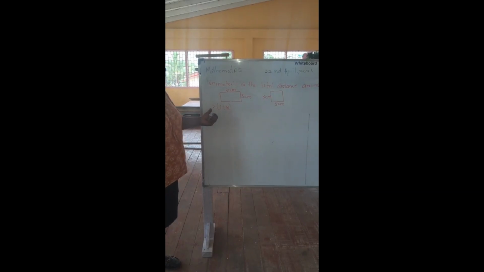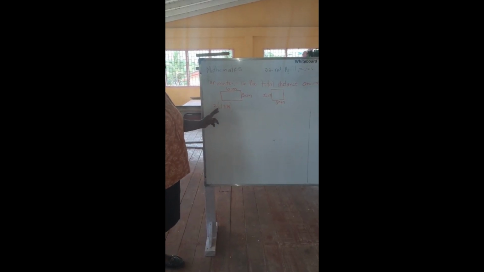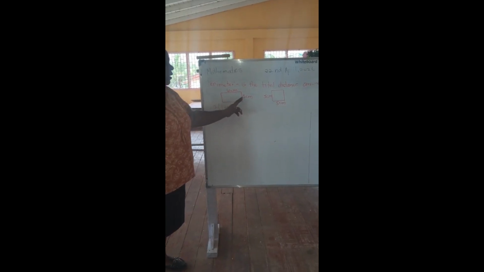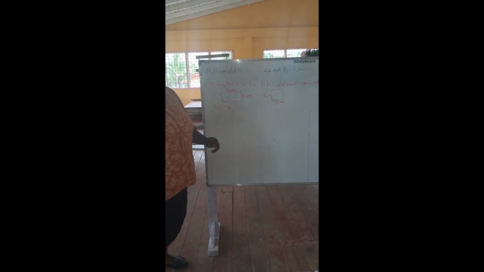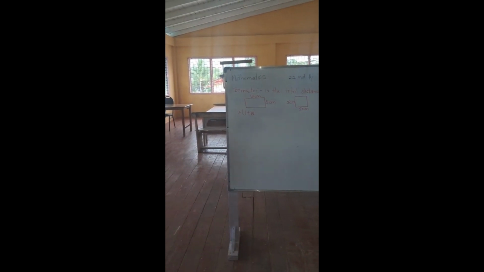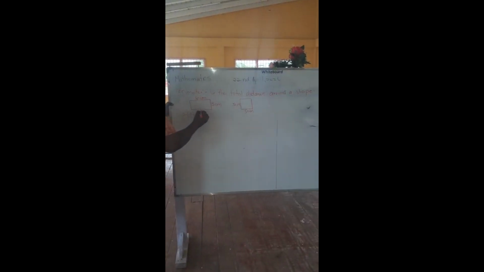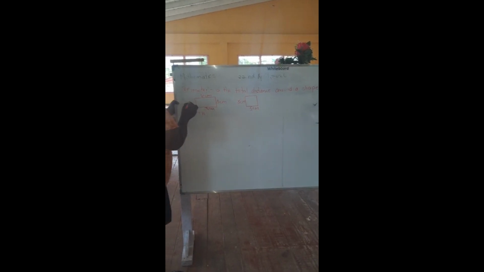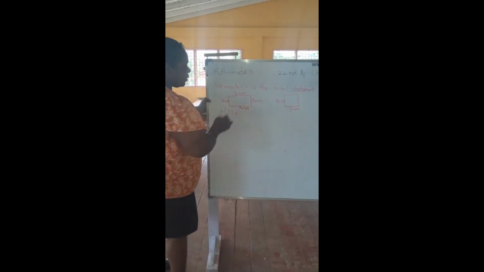So we come up with the formula: 2 into length plus width. So it's 2 length, 2 width. All right? So that would give us 6 plus 3, 6 here, and 3 cm here.